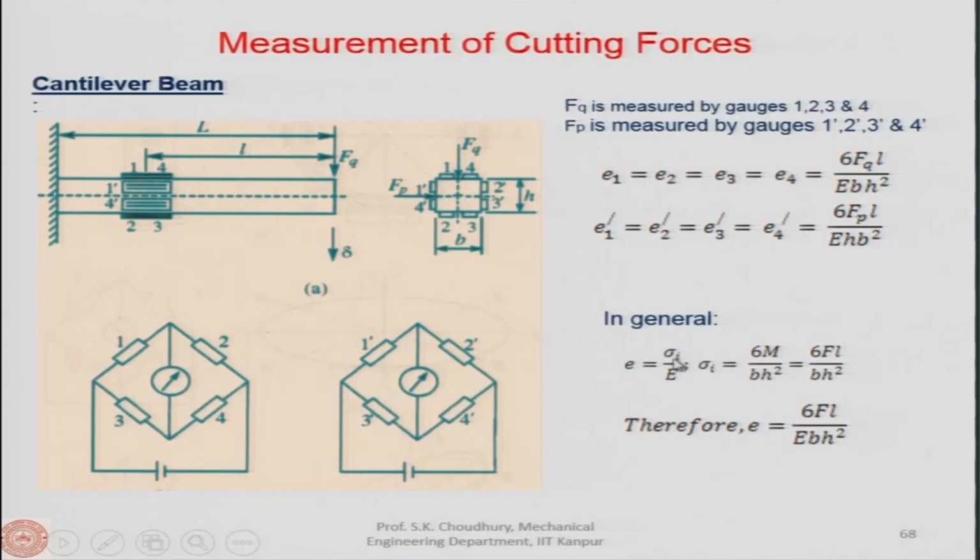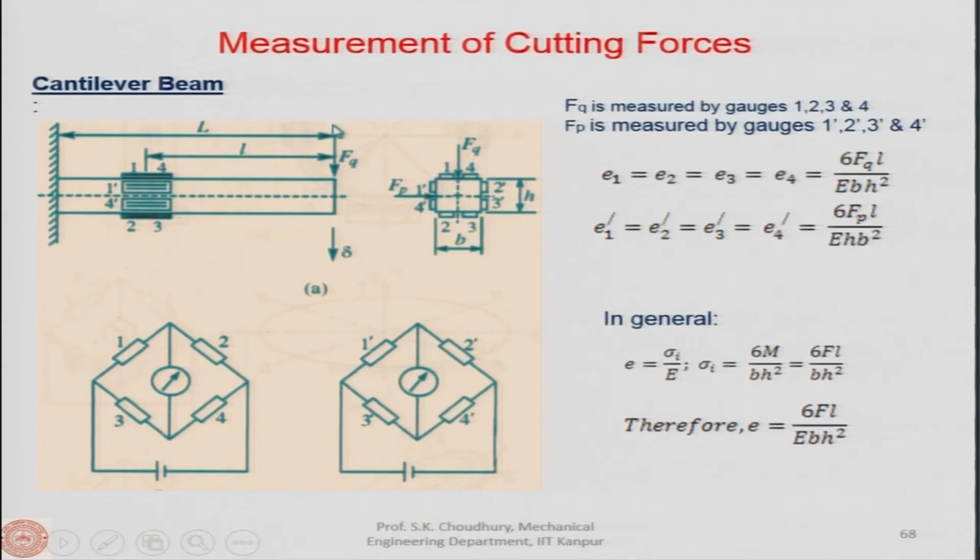Therefore, the stress overall is equal to 6M, the moment, divided by bh squared, where b and h are those dimensions. You have probably learnt this in the solid mechanics course. Now, M is the moment.